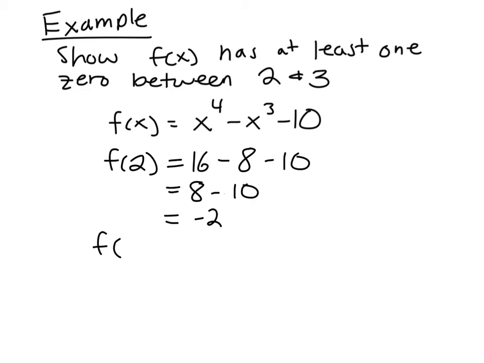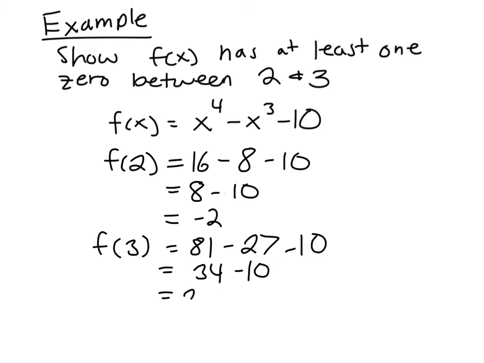Now f of 3. 3 to the 4th power is 81. 3 to the 3rd power is 27, minus 10. 81 minus 27 is 34, minus 10, this equals 24.